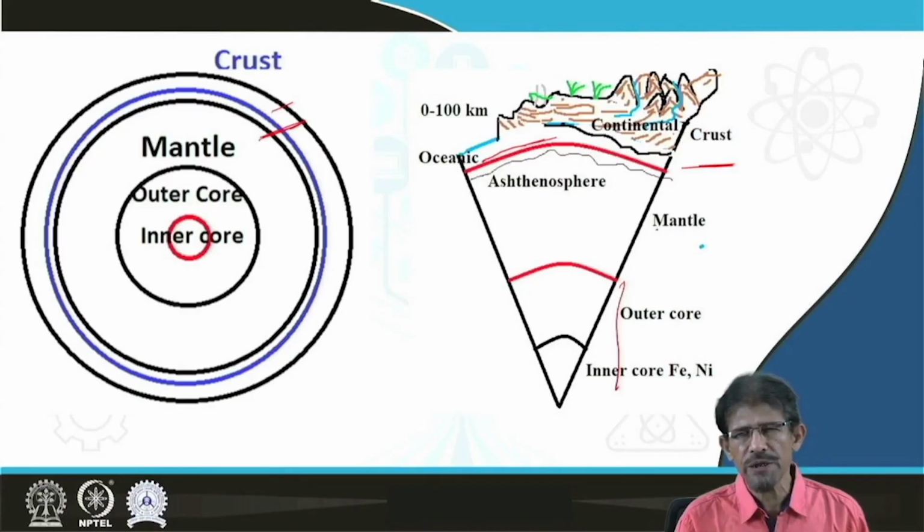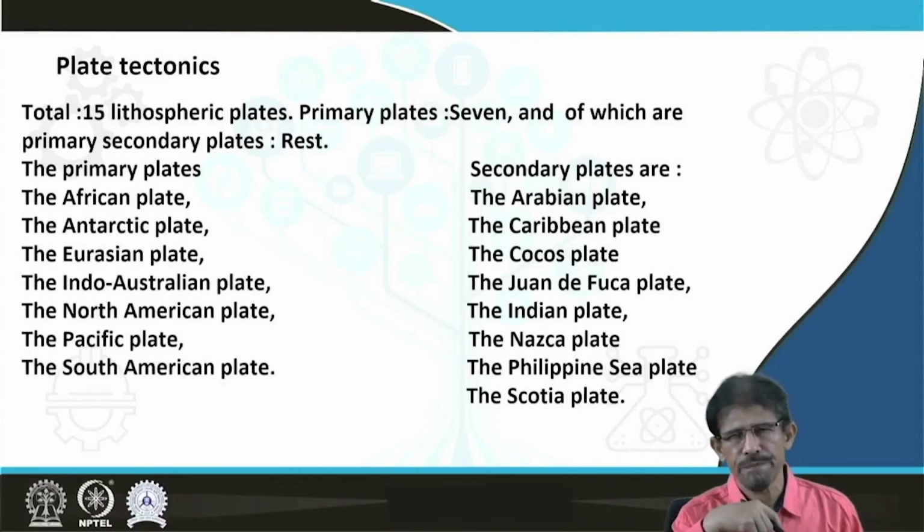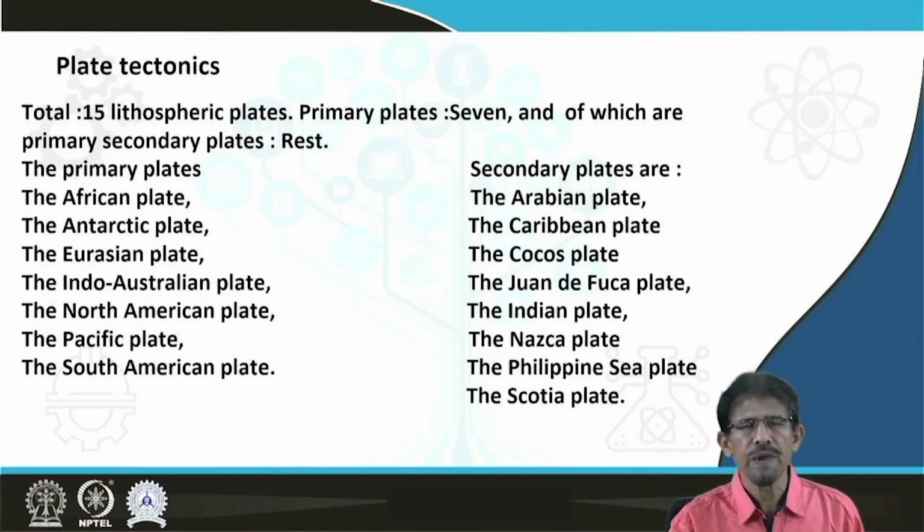These plates are made up of lithospheric zones ranging in thickness from 0 to 100 kilometers, and the maximum thickness of a lithospheric plate is 100 kilometers. We can divide the 15 lithospheric plates into two categories, namely primary plates and secondary plates.